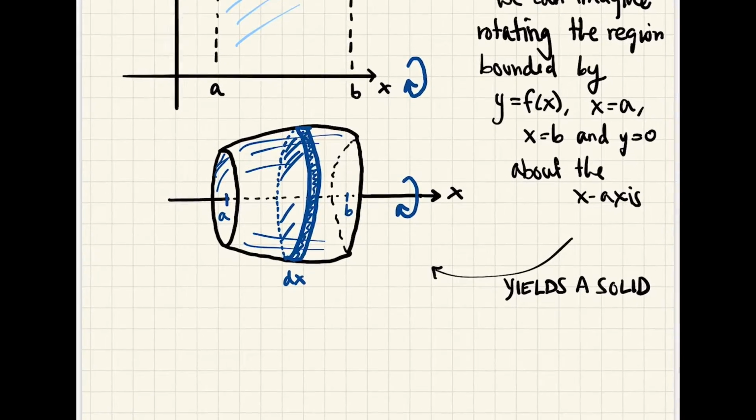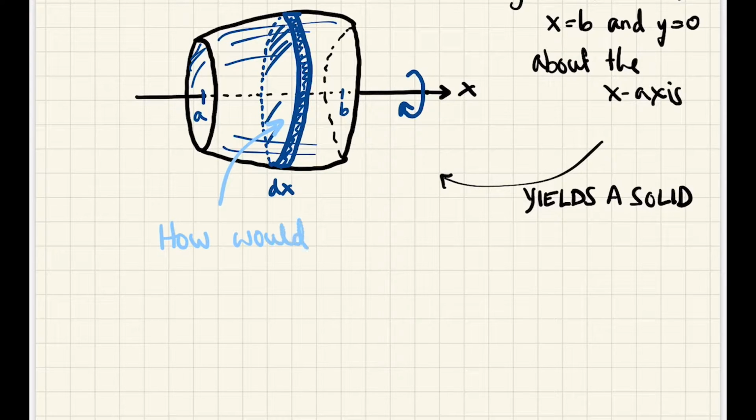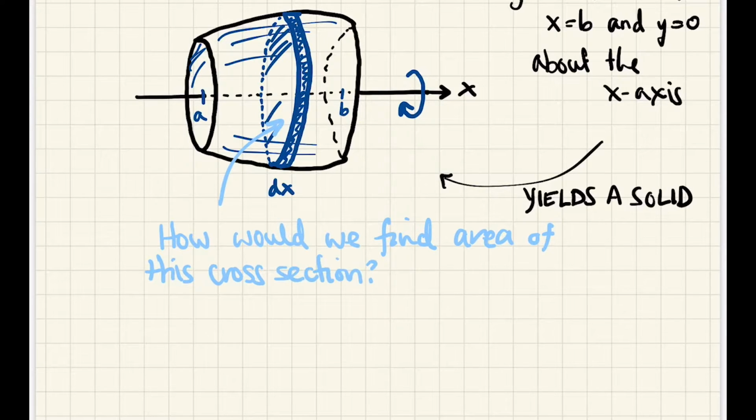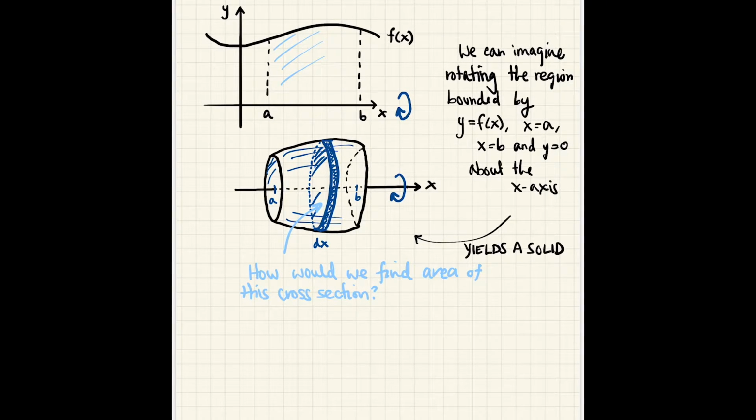So how do we find the area of that cross-section? Well, the cross-section is a circle because this was a perfect rotation around an axis. So it's a matter of just finding the area of that circle. Well, in order to find the area of that circle, we're going to need the radius of that circle. The radius of that circle is actually just the function value.